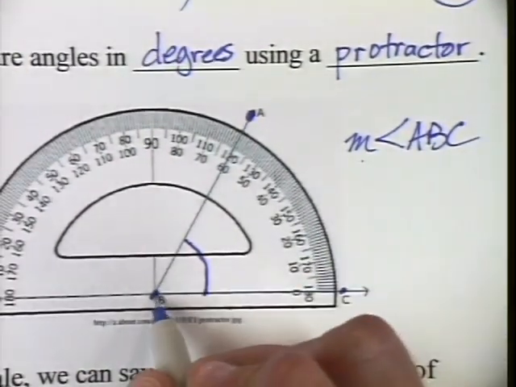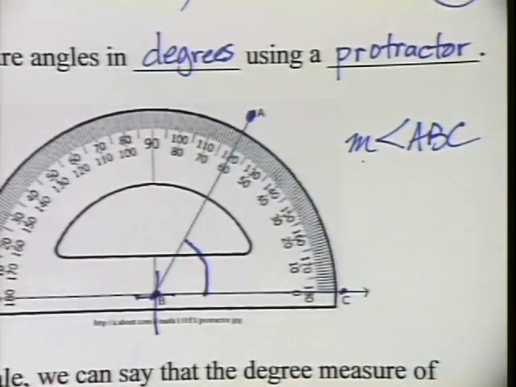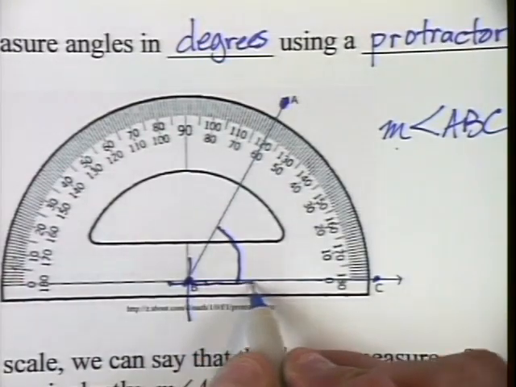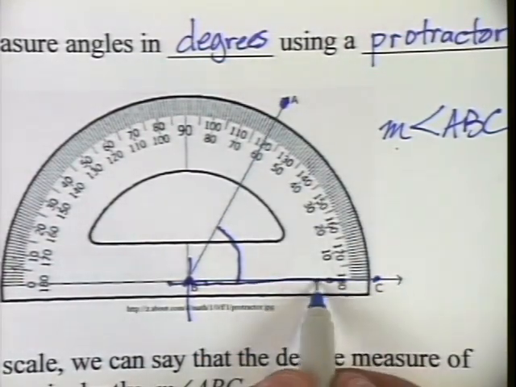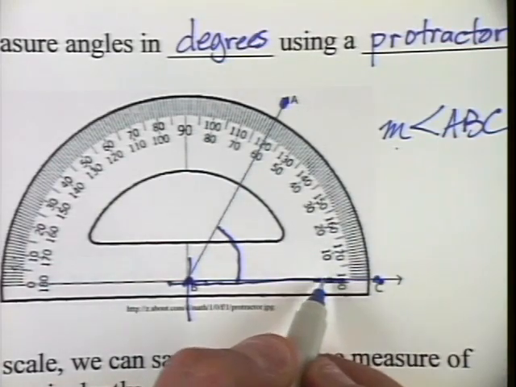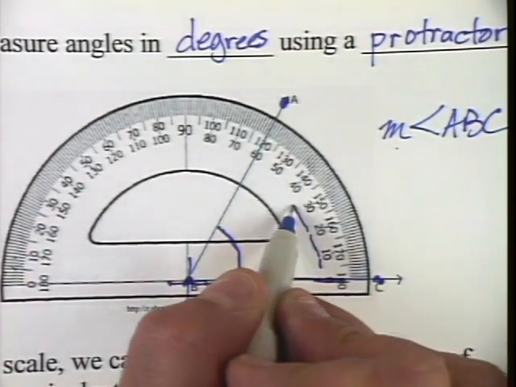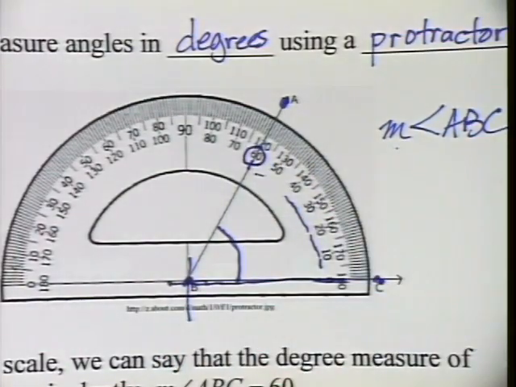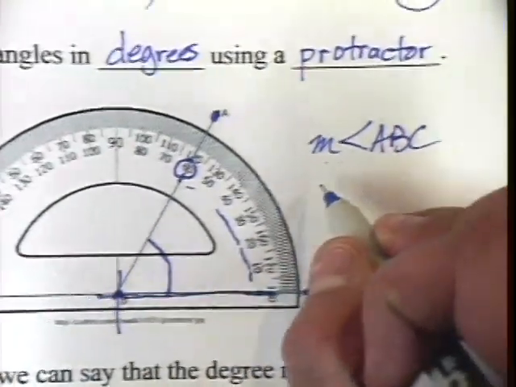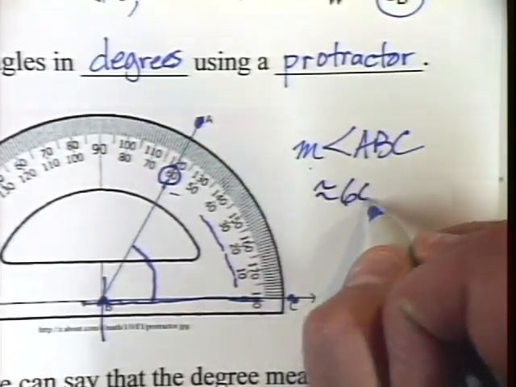What we do is we line up the vertex at the center of the protractor, and we let one of the rays be flat along the bottom, running into the zero. Now, since I have it oriented this way, I'm going to use the inside scale. And all I do is I follow the numbers up until they intersect. So if you can see, it appears that I'm passing through 60. So this angle measure is approximately 60 degrees.